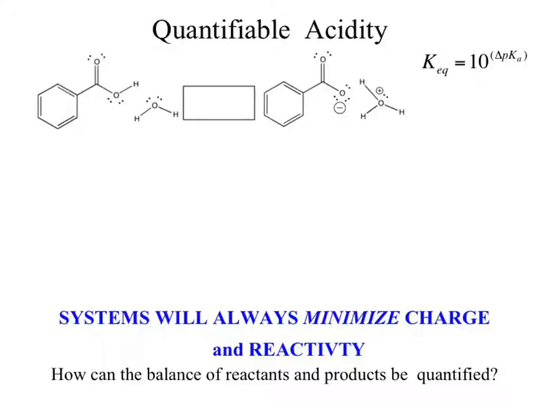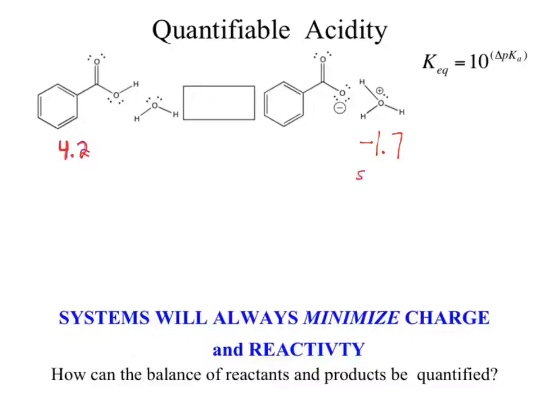To do that quantification, we could determine our Ka's and all that fun stuff, and our pKa's. Our pKa for benzoic acid was 4.2. We would look at the conjugate acid. On the other side of the equation, we have hydronium ion being our conjugate acid, and that has a pKa of negative 1.7. Which is the stronger acid?